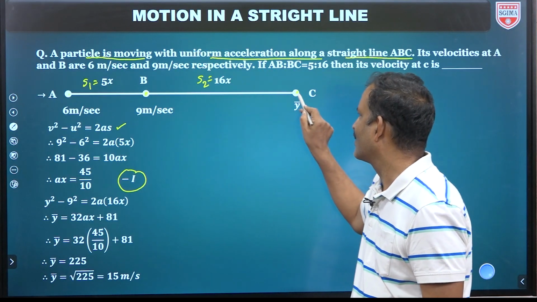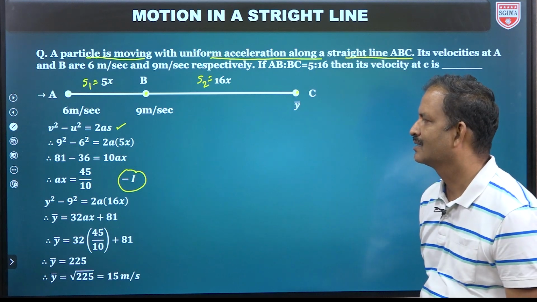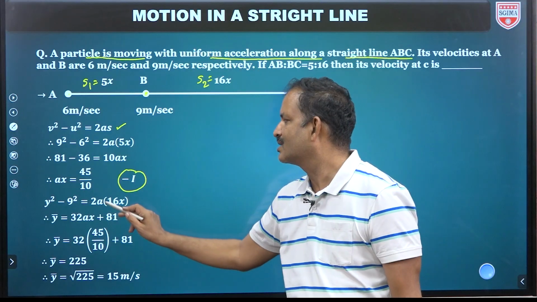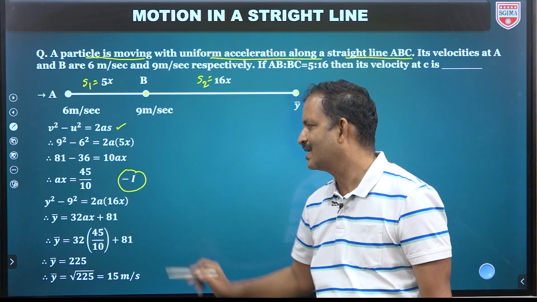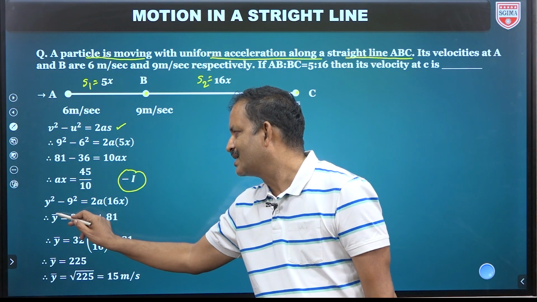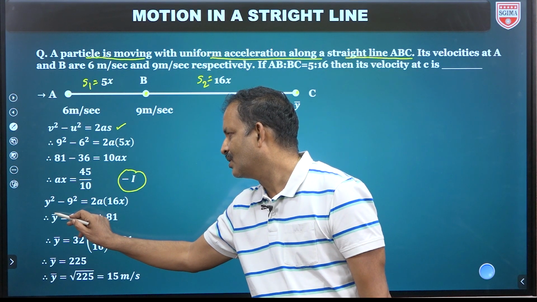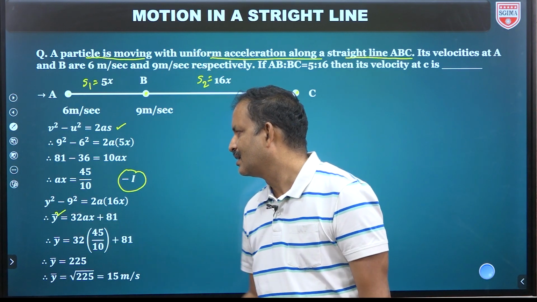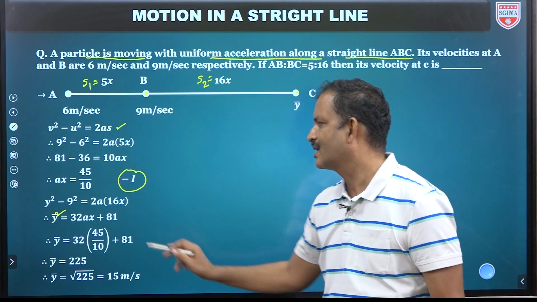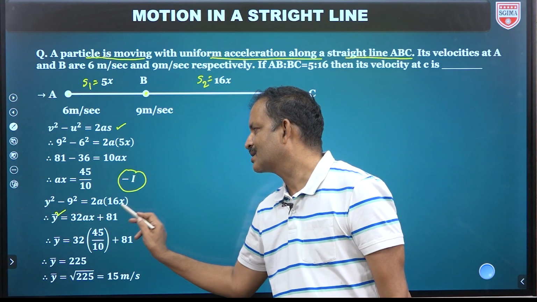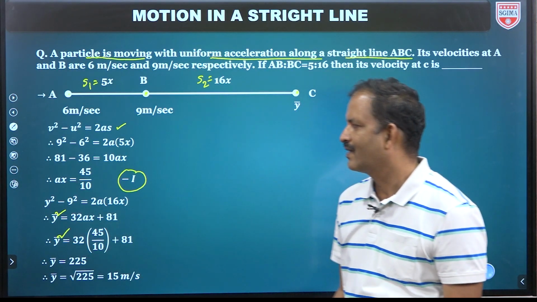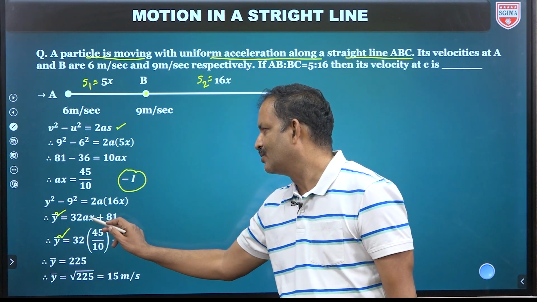Again, I am applying the formula for this case. So, y square minus 9 square is equal to 2a into 16x. So, what you are getting now? y square is 32ax plus 81. So, y square is 32 into ax.